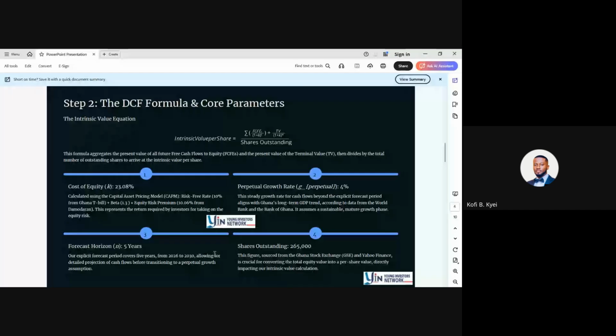So if the cost of equity is 23, the investors are expecting to get 23 or more. It is calculated using the capital asset pricing model, the CAPM. So it's the risk-free rate, which we pointed out as 10%, you add beta, then you take into consideration the equity risk premium.